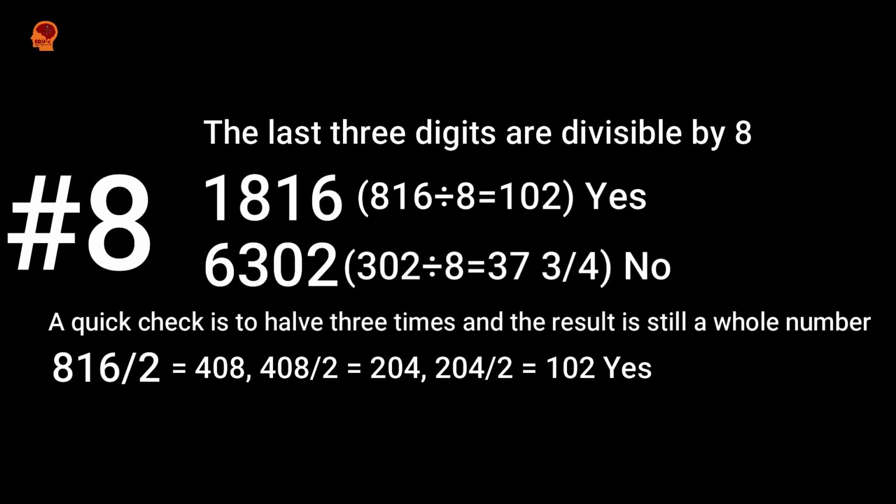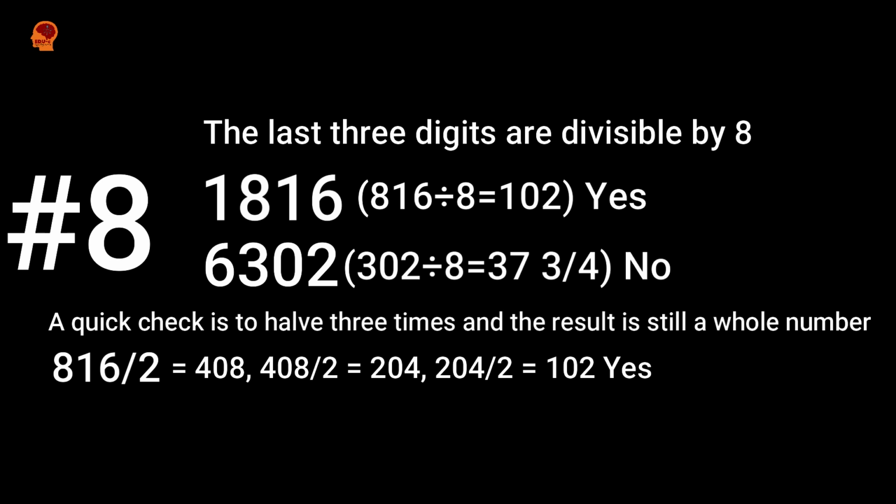Then 408 divided by 2 gives you 204, and then you divide 204 by 2, which gives you 102, still a whole number. So that tells you that number is divisible by what, 8. And when you try it with the other number, you are definitely going to have a remainder, and that is a no. Okay, so that is about test 8.